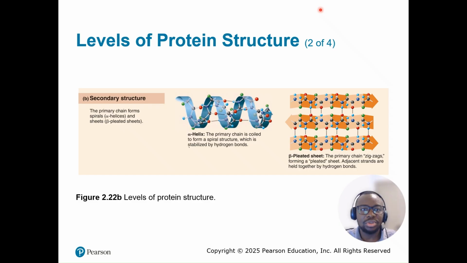When the primary structure bends into sheets, it zigzags back and forth to form a pleated structure called a beta sheet. Adjacent strands of beta pleated sheets are held by hydrogen bonds, shown here as dotted lines.